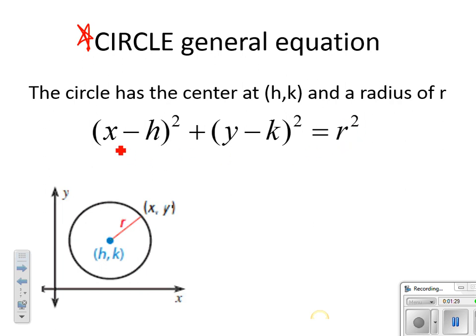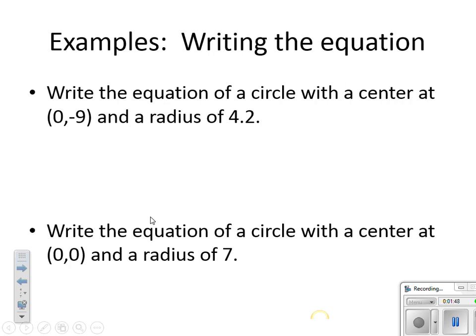Okay, so x minus h quantity squared plus y minus k quantity squared is going to be equal to r squared. And then obviously you know that a circle looks like a circle, okay, and the center is right in the middle. And from the center to the outside we have a radius.